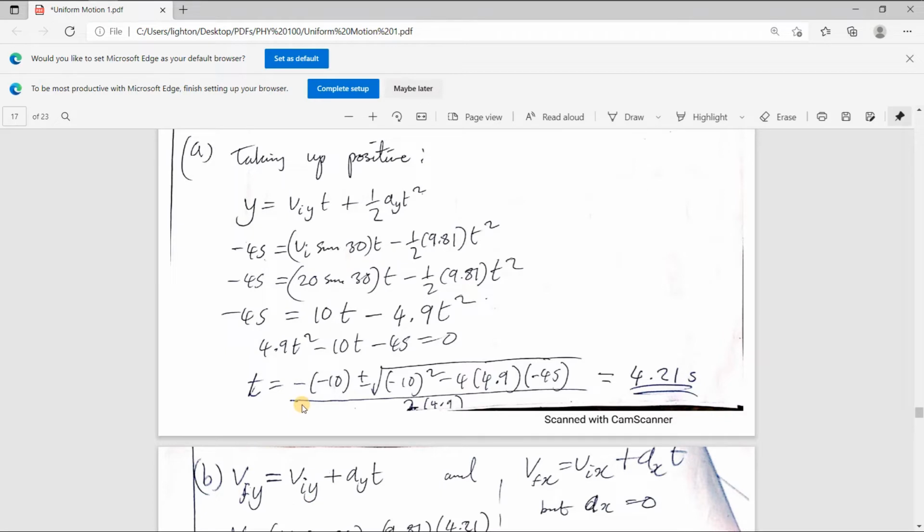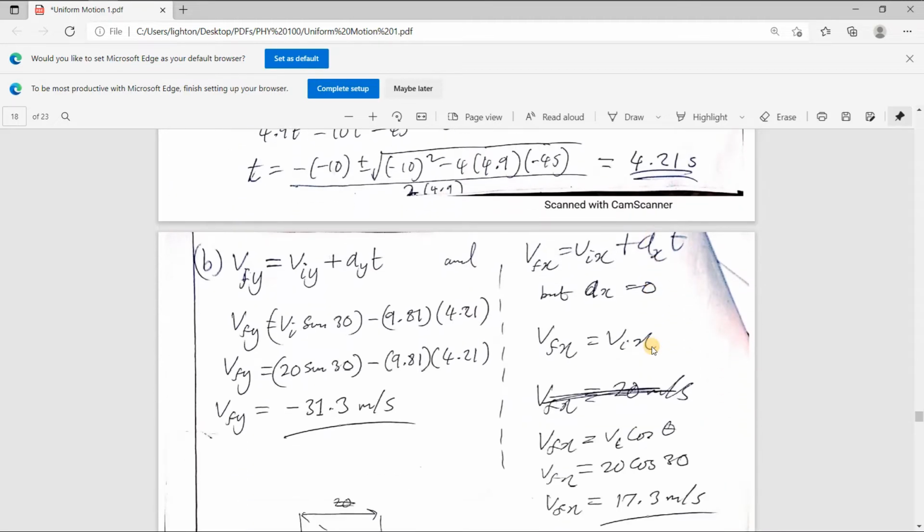We know that this part represents A, this represents B, this represents C. The quadratic formula says t is equal to negative B plus or minus the square root of B squared minus 4AC, over 2A. Plugging in the values for A, B, and C and solving for t, we get 4.21 seconds. That's what our time would be, 4.21 seconds.